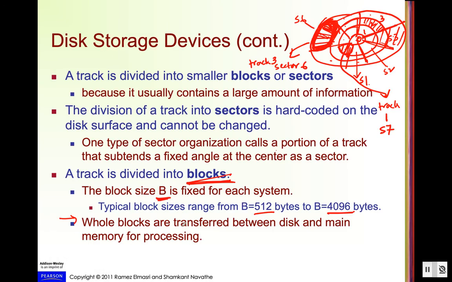So when we say that whole blocks are transferred between disk and main memory for processing, this is what our circular disk looks like. We have some tracks, some sectors, and each track is divided into blocks.